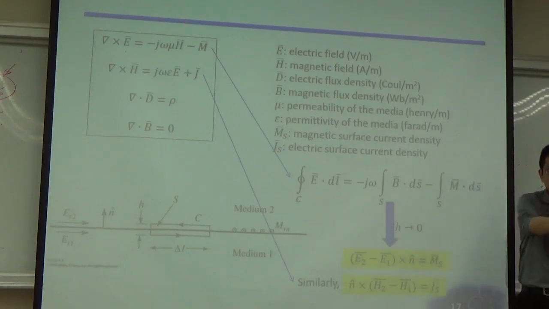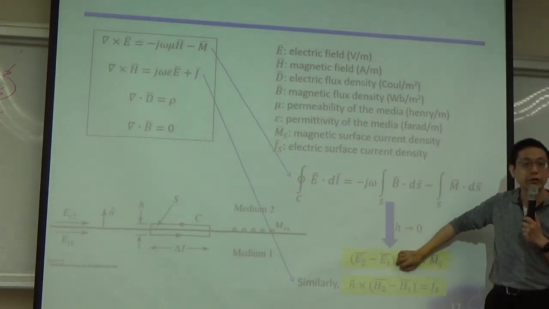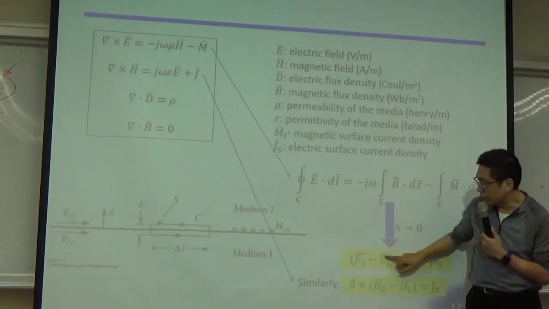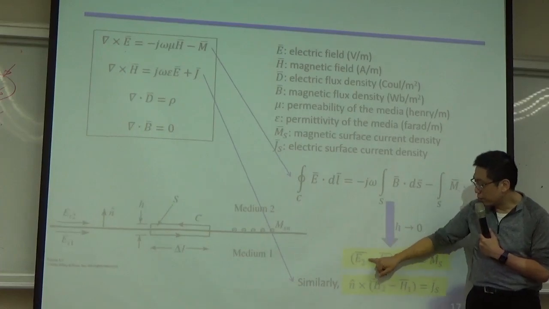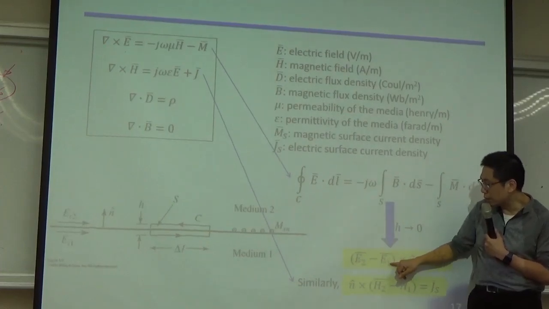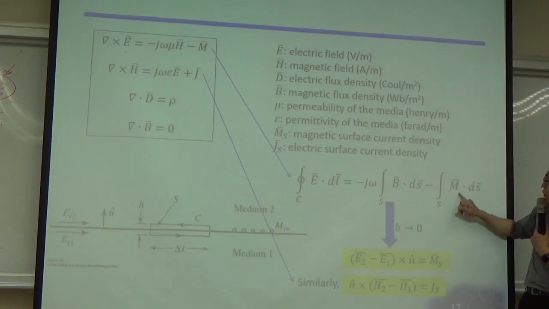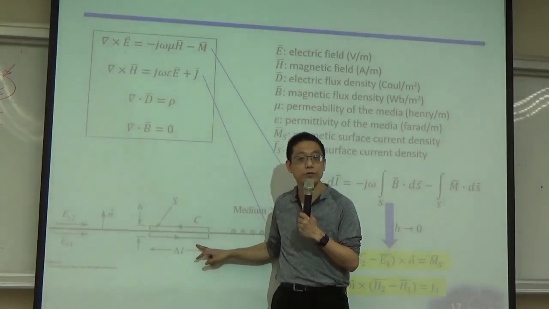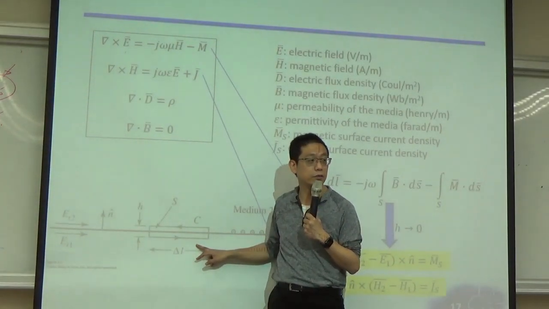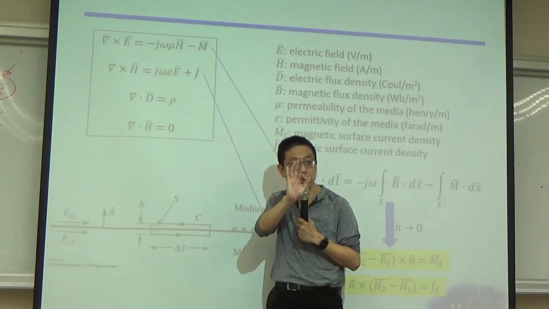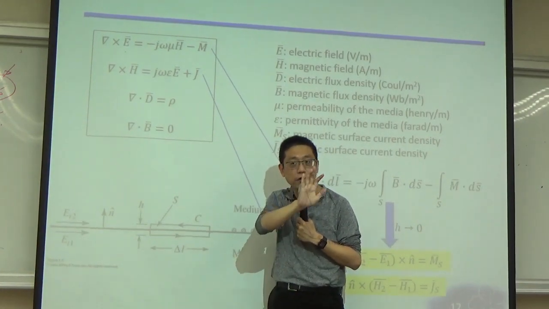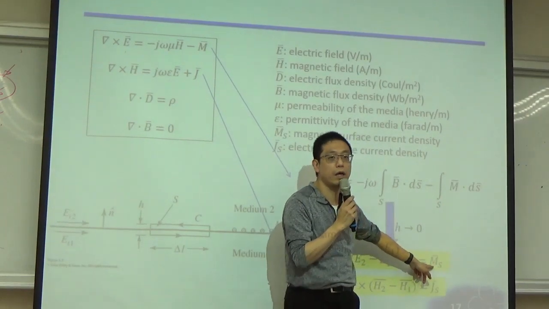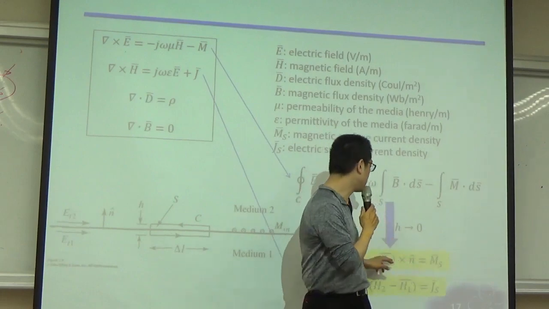If regardless of the direction, we look at the magnitude only first, okay? The answer is very similar. ET2 minus ET1 will equal M divided by delta L, right? If you think only the magnitude, you don't think about the direction, it's easy, it's okay. The difficult part is what is the direction of your M and what is the direction of E.